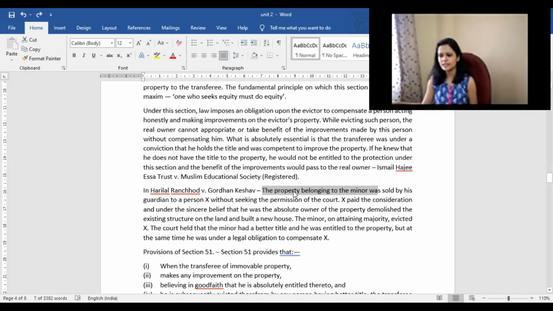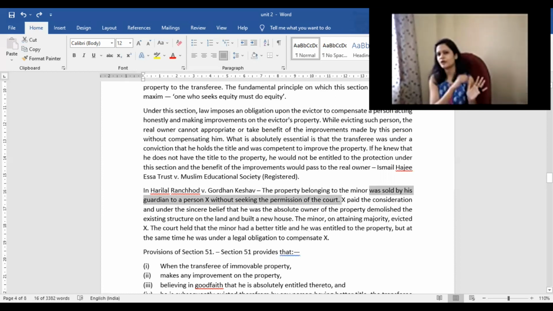Okay, so in this case, there was a certain property belonging to a minor, and this property was sold by the guardian to another person without seeking permission of court. So when this property belonged to a minor, a guardian was appointed.